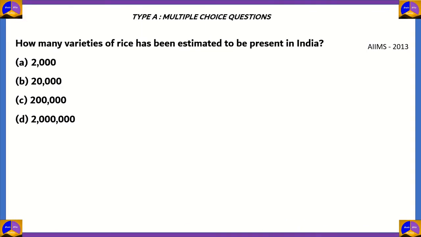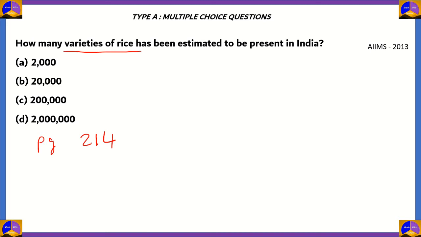Let's look at the next question. How many varieties of rice have been estimated to be present in India? Well, this is a direct question straight out of the NCERT textbook. It is from page 214 of the NCERT textbook for this chapter.